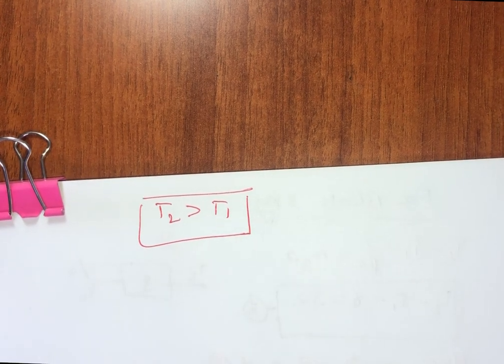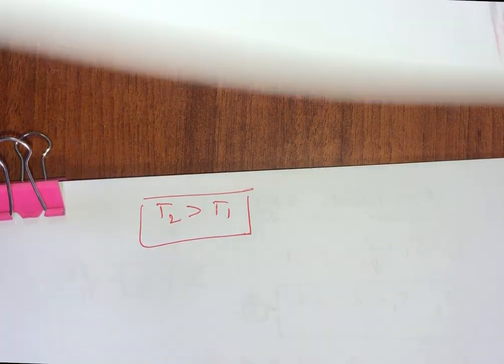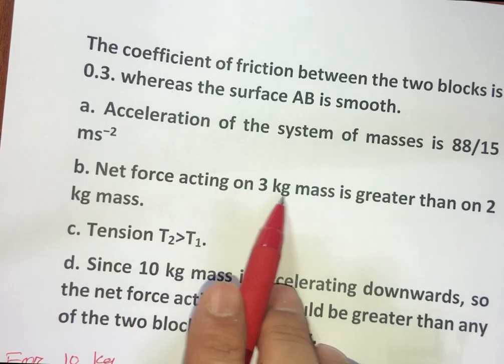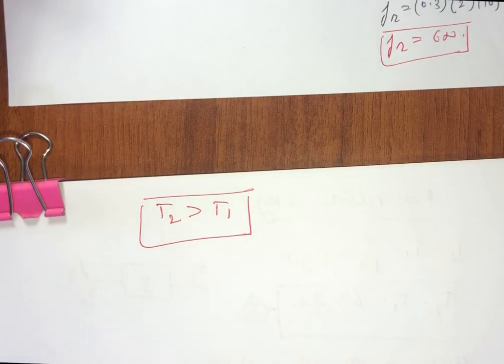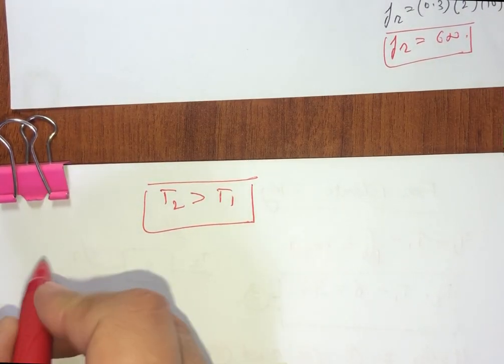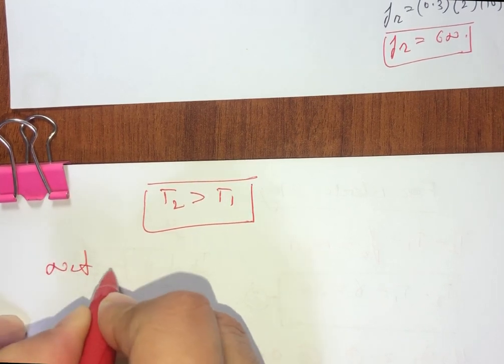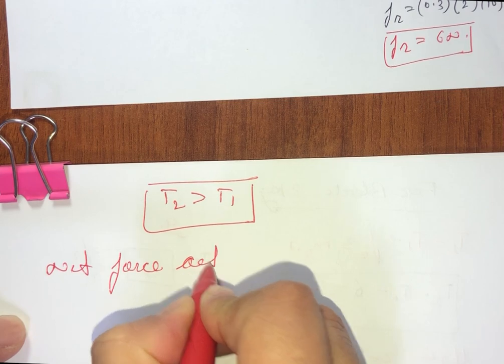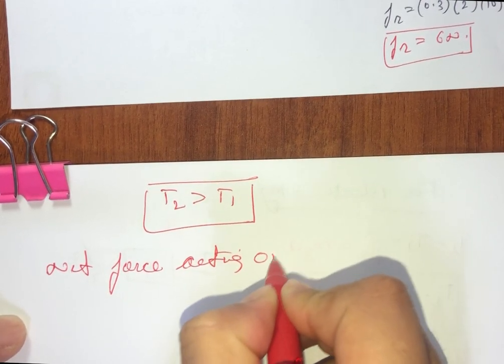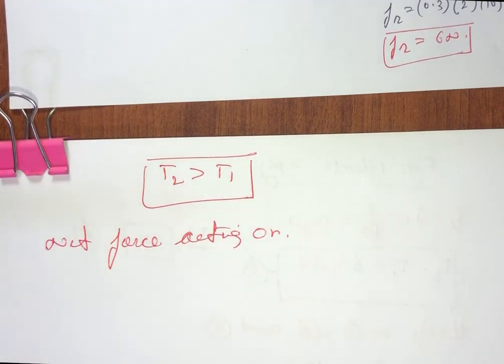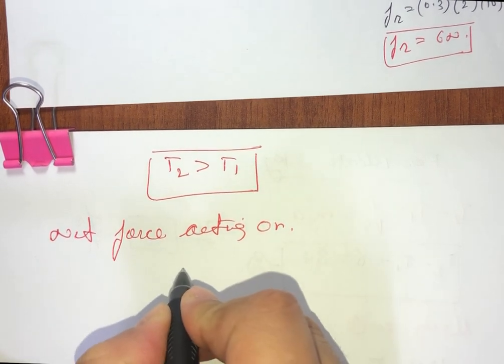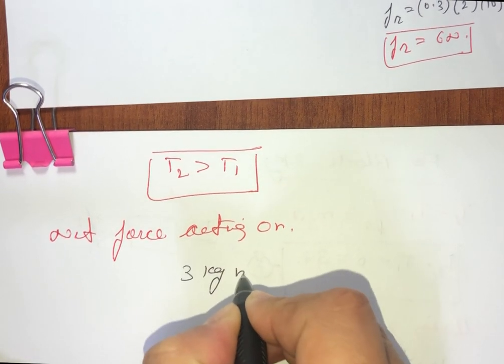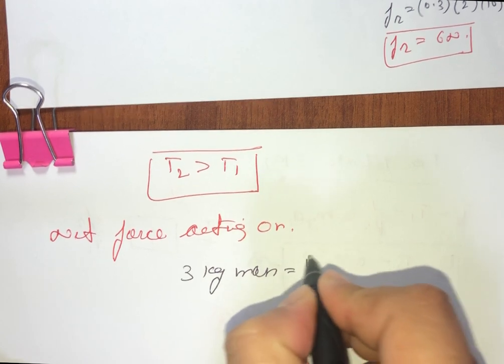And the next option is to find out the net force on the 3 kg mass as well as the 2 kg mass. So we can find out the net force acting on the 3 kg mass. Let us call this F3.